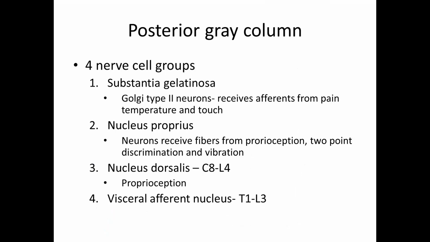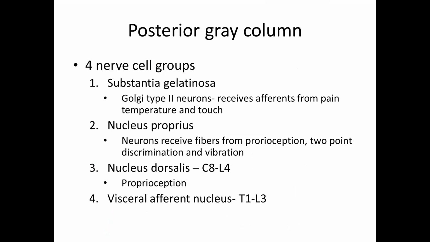Right, so if you look closely at the posterior gray column, so that is the anterior one, then the posterior gray column, you will see that there are four nerve cell groups, okay? So one is called the substantia gelatinosa, which has Golgi type 2 neurons. They receive afferents from pain, temperature, and touch, okay?